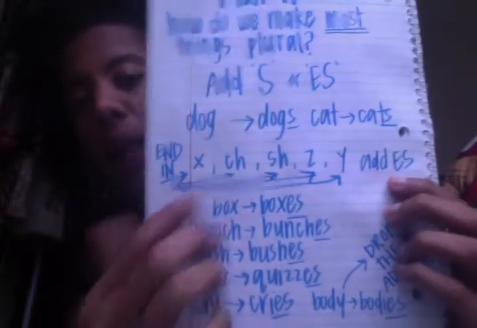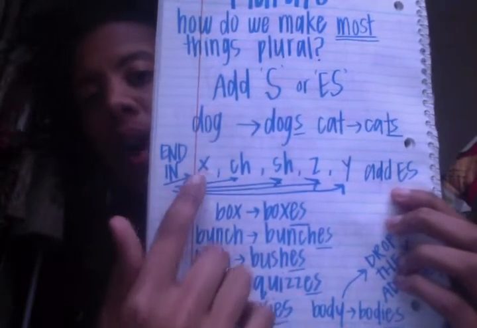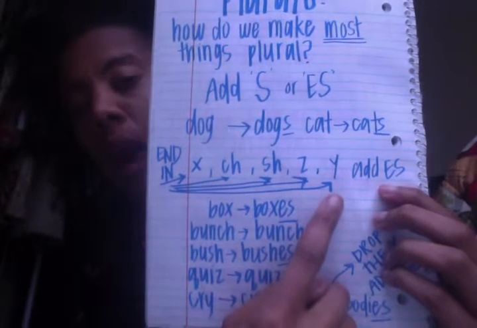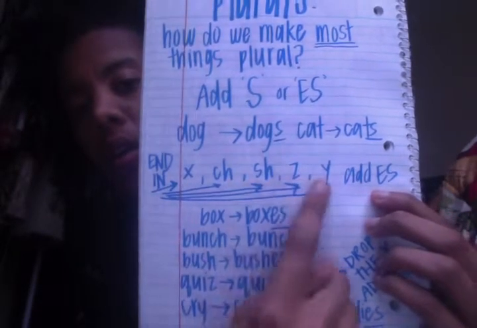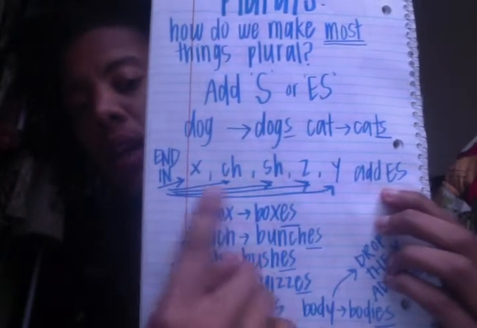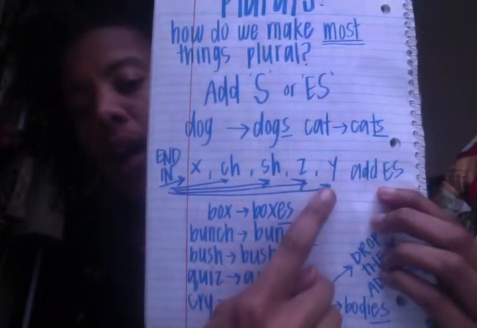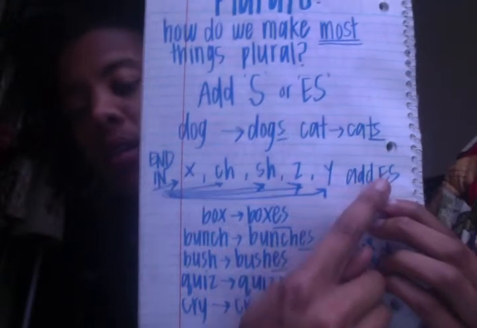The words that you add es to end in x, ch, sh, z, and y. These words that end in the letters x, ch, sh, z, and y, you add es to make them plural.